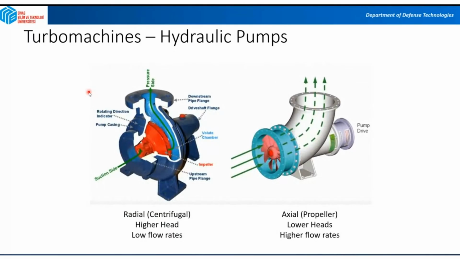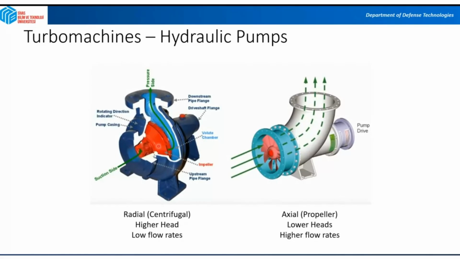In this slide, you can see examples of radial machines on the left, and also axial turbo machines. So in the left part, the centrifugal or radial machines. This is an example. See, this is the suction side of the machine.